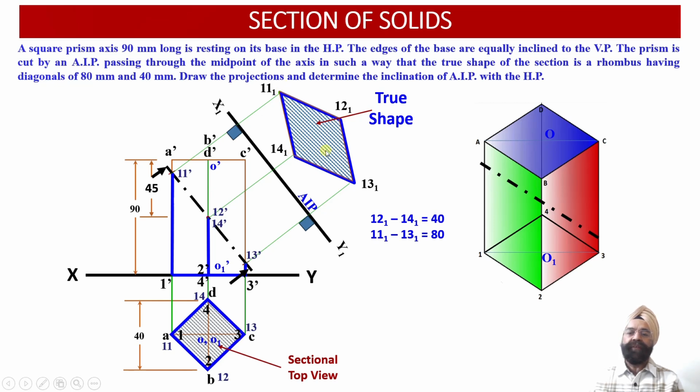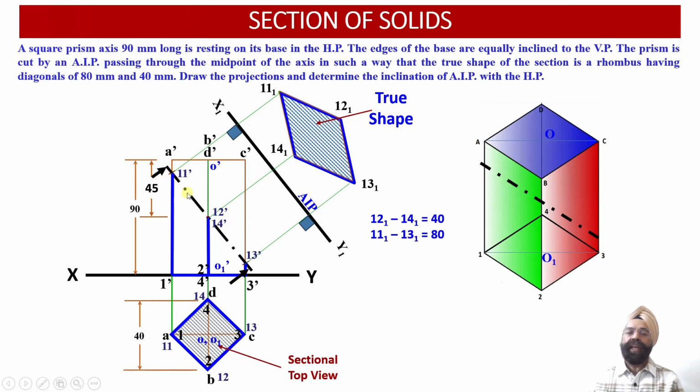Distance between 11.1 and 13.1 happens to be 80 millimeter. So this way we have been able to obtain the rhombus shape projections as true shape projections of the cut section. So that is how we have been able to evaluate the edge length of the square prism.